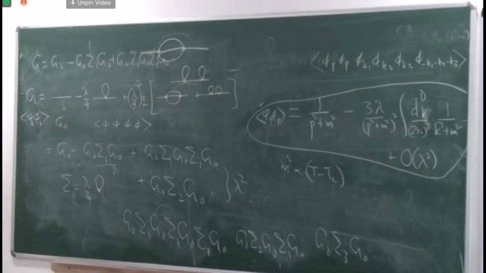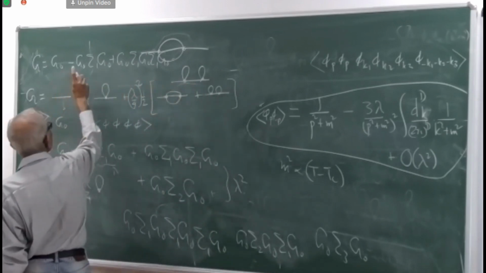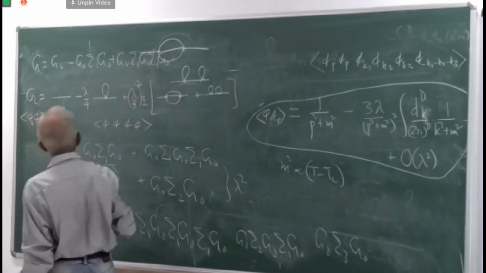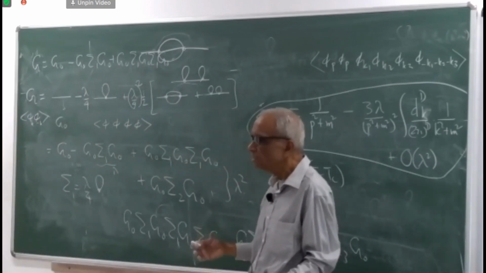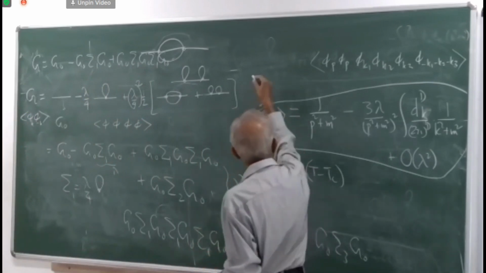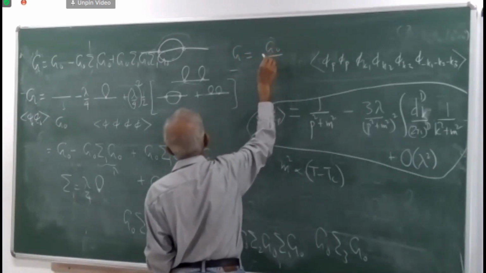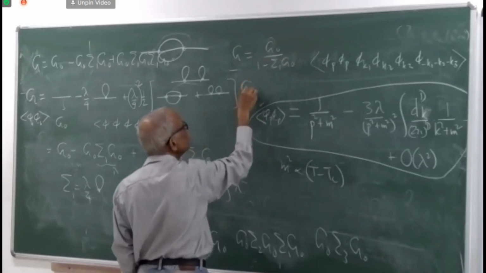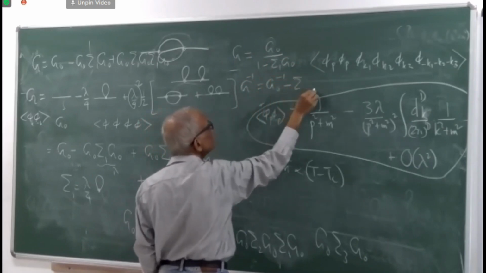So that is going to sum: it is G0, then you add sigma 1 G0, then sigma 1 G0 square. So sigma 1 G0 is the common ratio. So it is like saying G is equal to G0 over 1 minus sigma 1 G0. So G inverse is G0 inverse minus sigma.